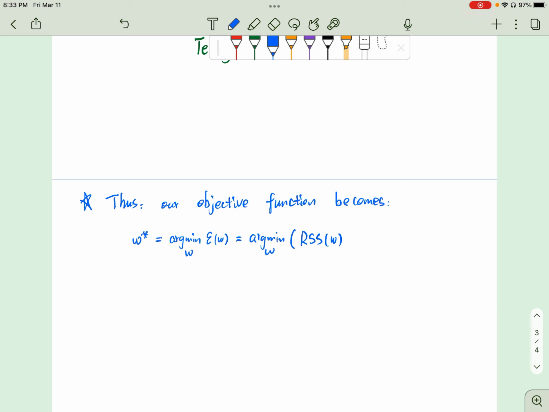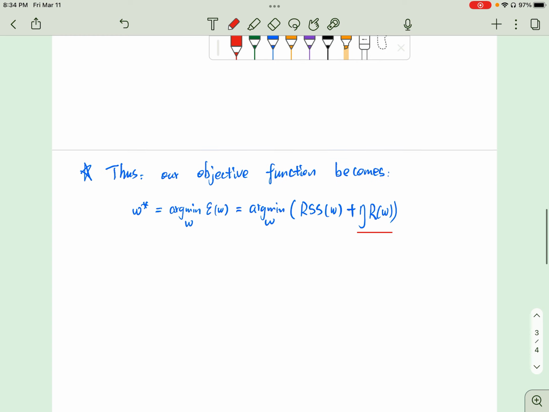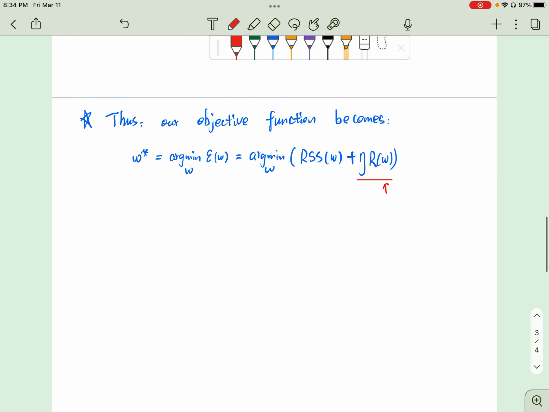In several videos before, we only wanted to minimize this term, but now we will add another term, eta multiplied with R(omega). And here we give this term a name: the regularization term.